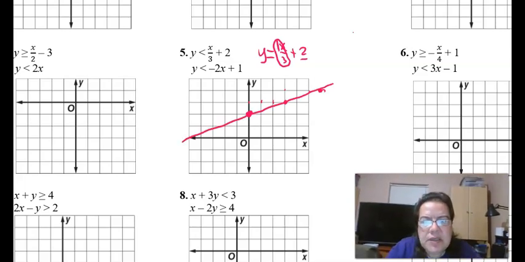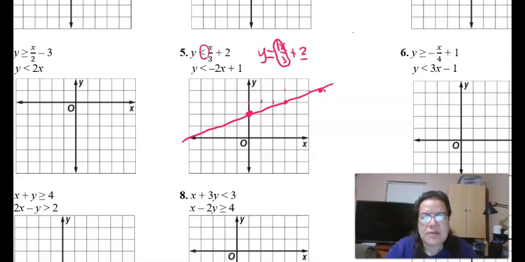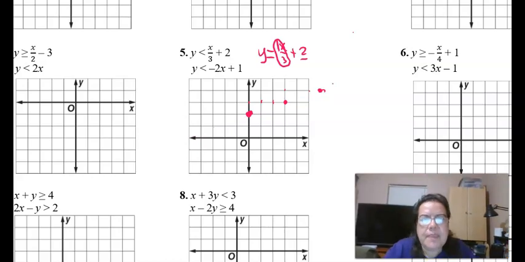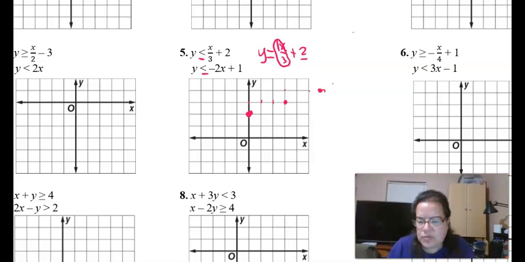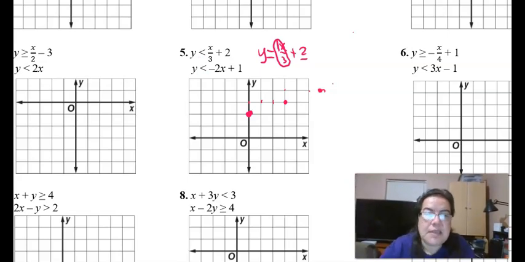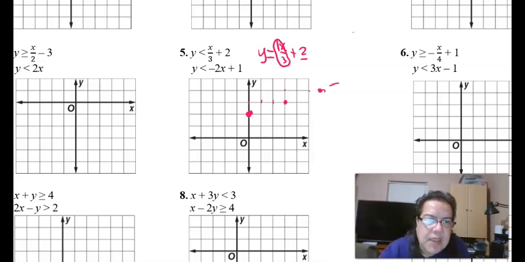But we are dealing with an inequality, so I need to find all the points that are less than, so all the y's that are less than that thing. However, let me just remind you of one thing. This does not have an equal here or here, and so therefore the line is not solid. So instead of doing a solid line, I'm going to do a dotted line all the way through.